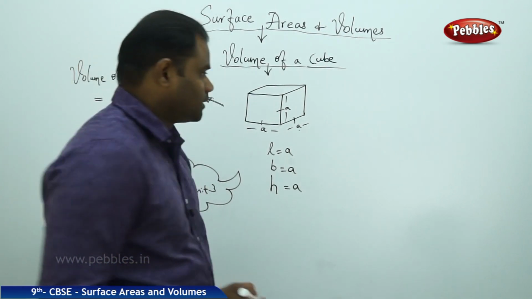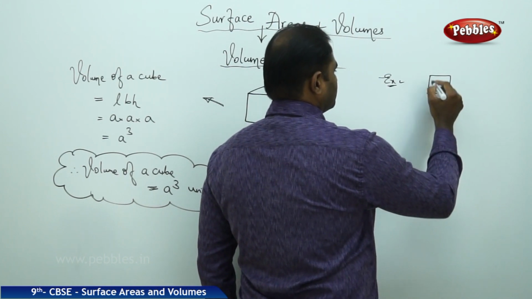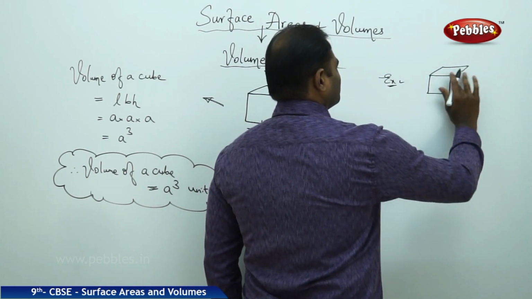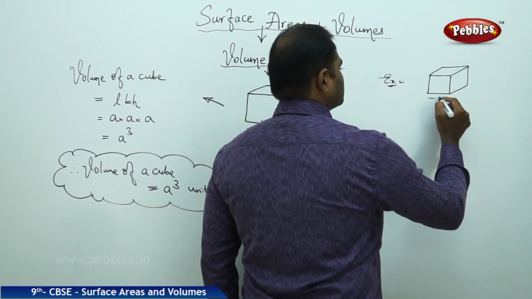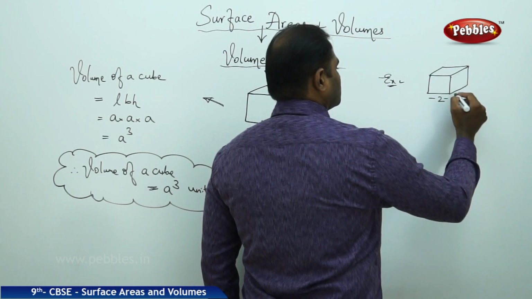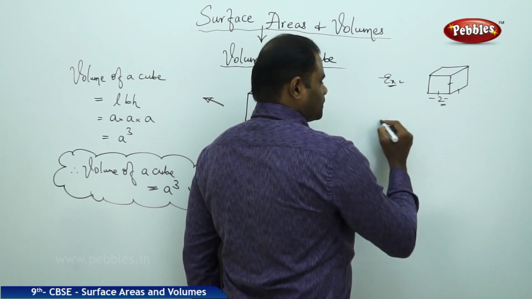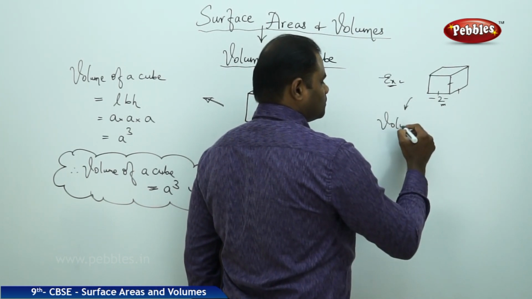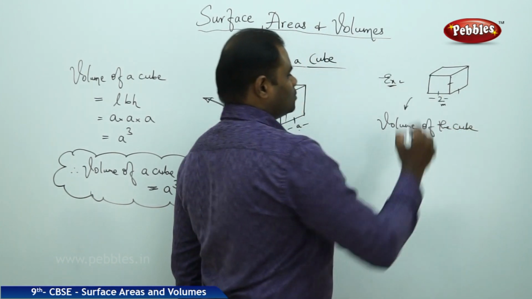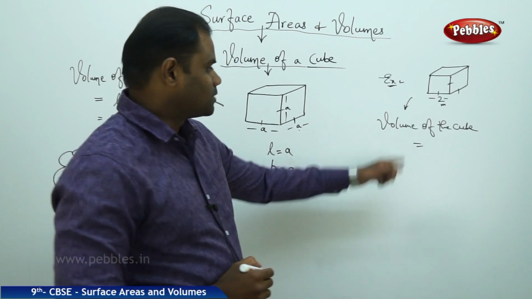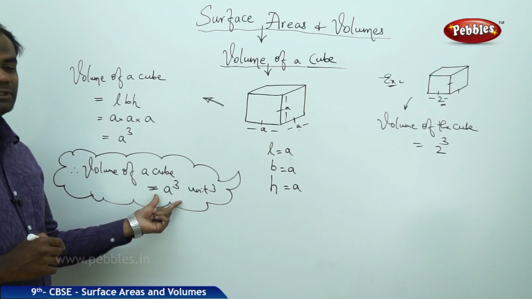So for example, if I take a cube of side 2 meters, then the volume of this cube whose dimension is 2 meters is given by 2 cube, because we have the formula A cube with A equal to 2.